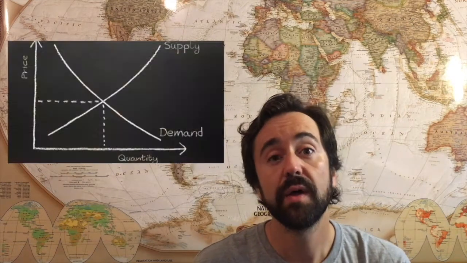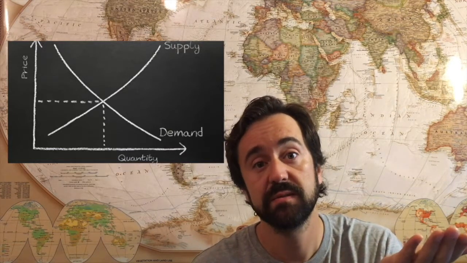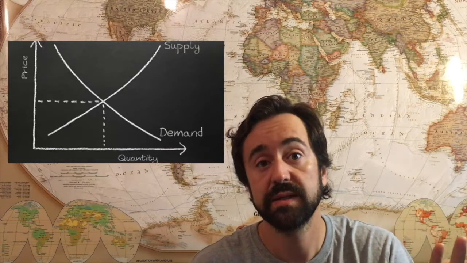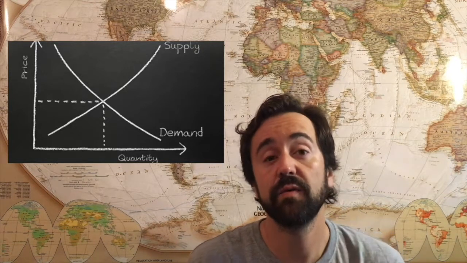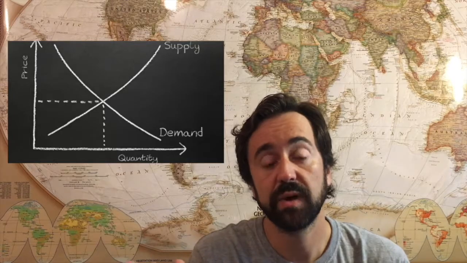Actually, the invisible hand refers to the fact that prices and costs of production, salaries, are regulated by the law of offer and demand. The more offer we have, the lower the prices we get. And just the opposite: the less offer we have, the higher prices we get.